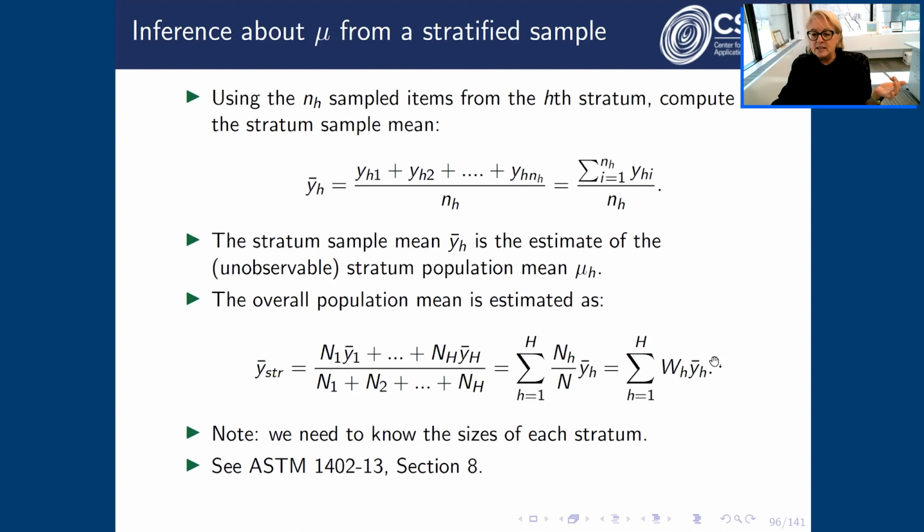You take each stratum average, multiply by this proportion, and then add them all up, and that gives you your point estimate of the population mean.